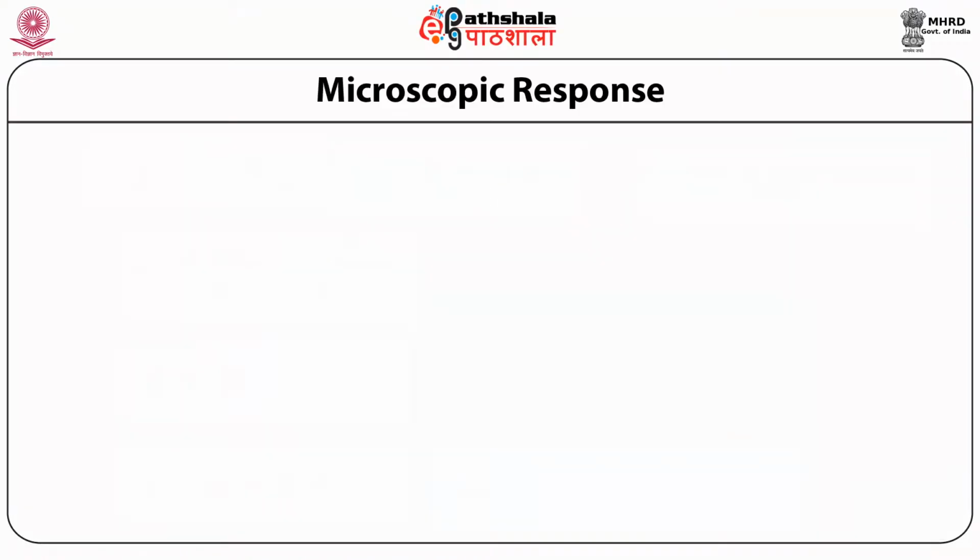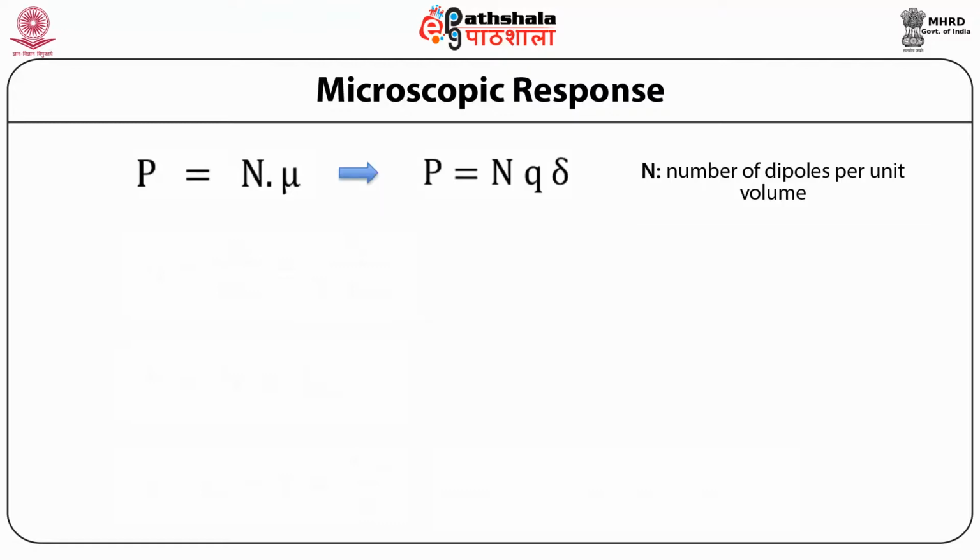First is the microscopic response. Earlier we saw that polarization in a system with n dipoles per unit volume can be expressed as P equal to n into mu, where mu is the dipole moment. P is also given as N into Q into delta, where N is the number of dipoles per unit volume.